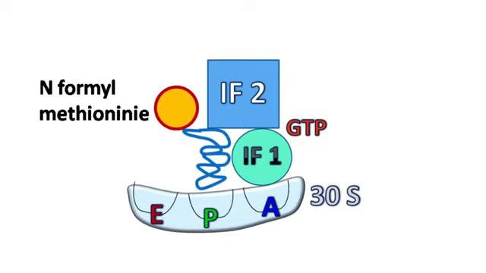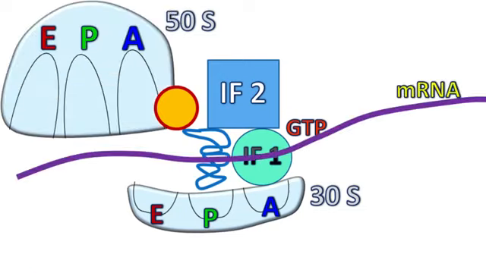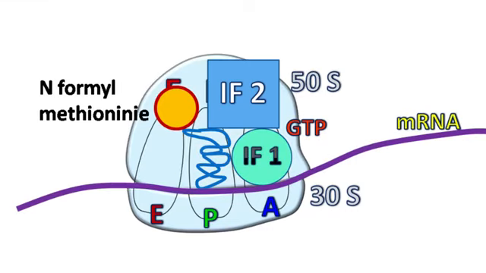Next, as IF3 is released, the 50S subunit along with the mRNA binds to the 30S subunit. Next, GTP associated with IF1 is hydrolyzed to GDP by IF2.